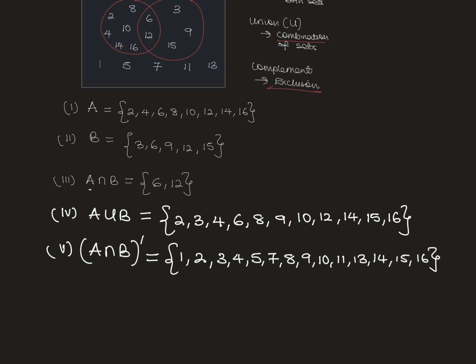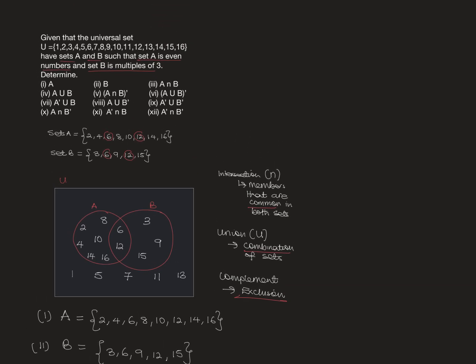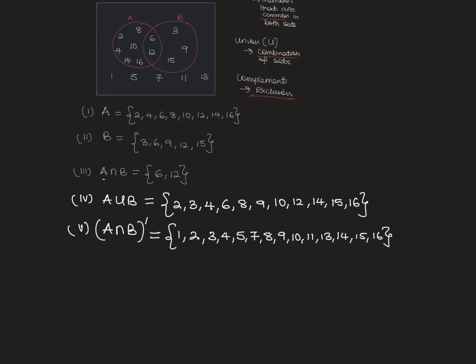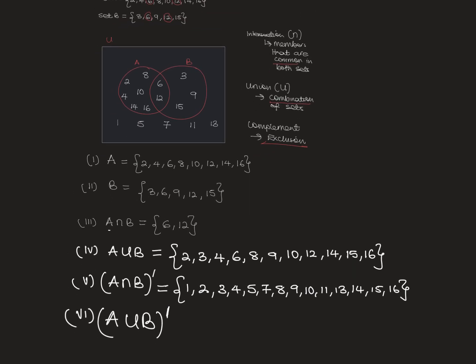Okay? So, moving on to the sixth question, A union B all complement. What that means is exclude the members of A union B. So, which part is representing A union B?